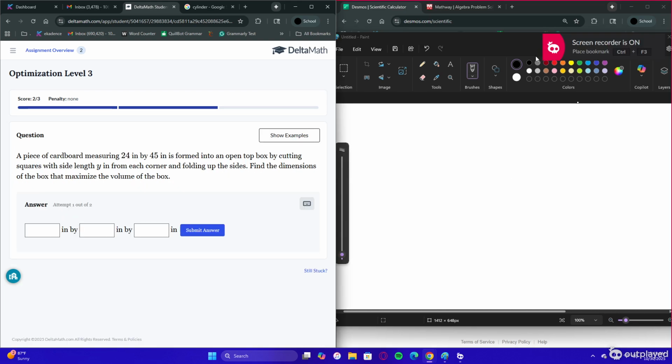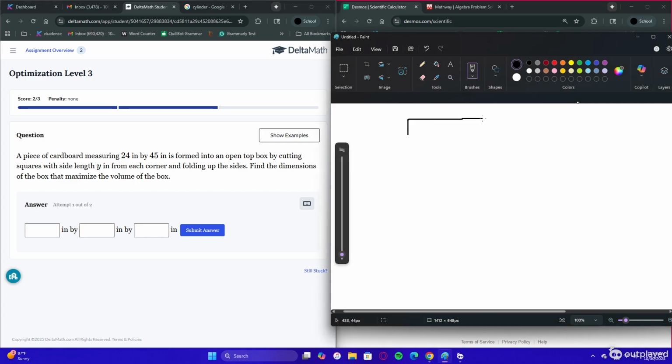Okay, so now we're given a question that says a cardboard box that is 24 by 45 is formed into an open top box by cutting squares with side length y from each corner, and we have to find the dimensions of the box that maximize the volume of the box. It might be weird, but what that looks like is like this.